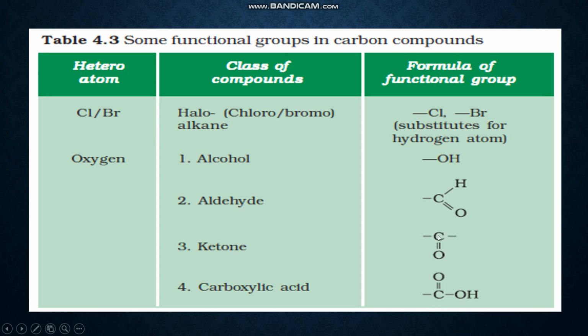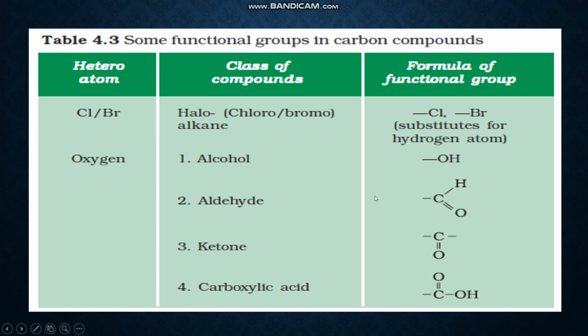So we have now seen different functional groups. Chlorine or bromine: the class of organic compound which has the functional group chlorine or bromine is called chloroalkanes or bromoalkanes. In general, we can say haloalkanes because chlorine and bromine are halogens. Now, the organic compounds which have a functional group OH are called alcohols.